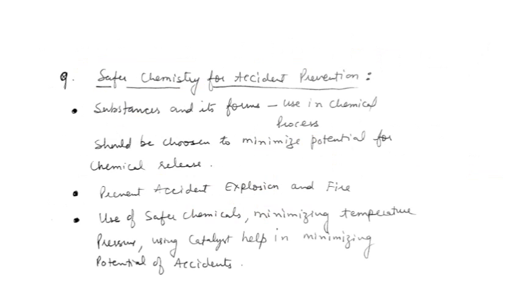The next principle is safer chemistry for accident prevention. The substances and their form used in the chemical process should be chosen to minimize the potential for chemical release. It should prevent accidents like explosion and fire. Chemicals which are highly inflammable or catch fire and produce accidents should not be released.